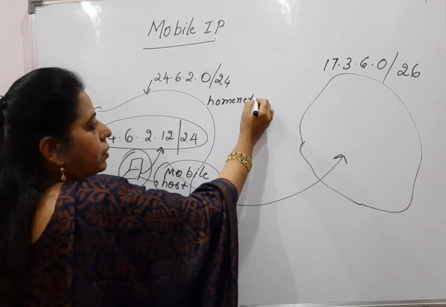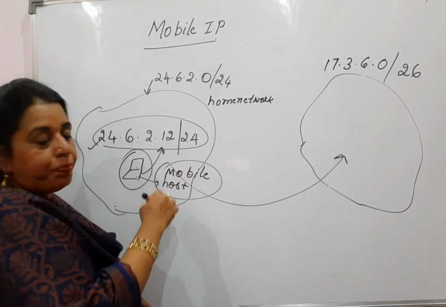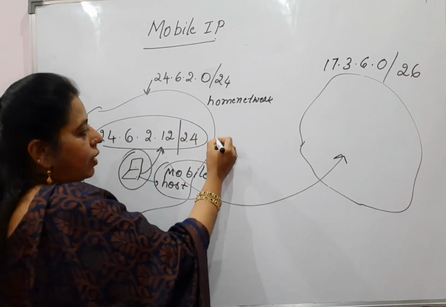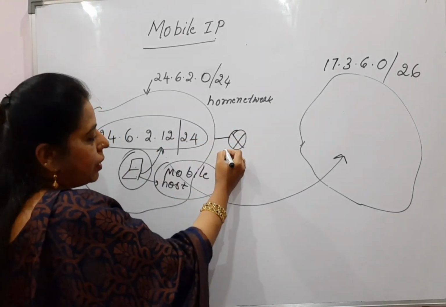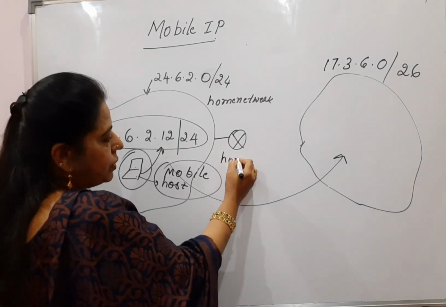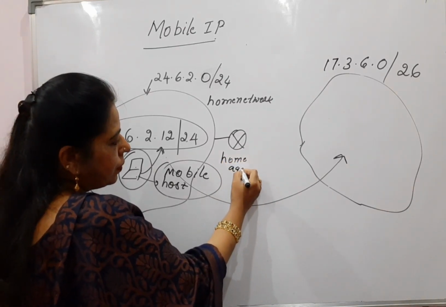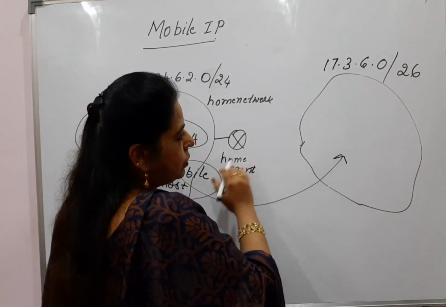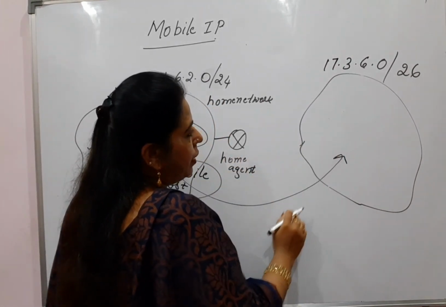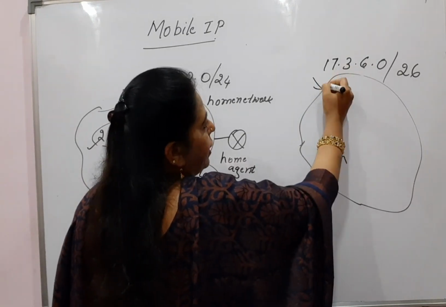This is the second term. For every network there will be a default router, so the router attached to this network becomes the home agent. And the new network to which the host has traveled and wants to communicate will be called the foreign network.